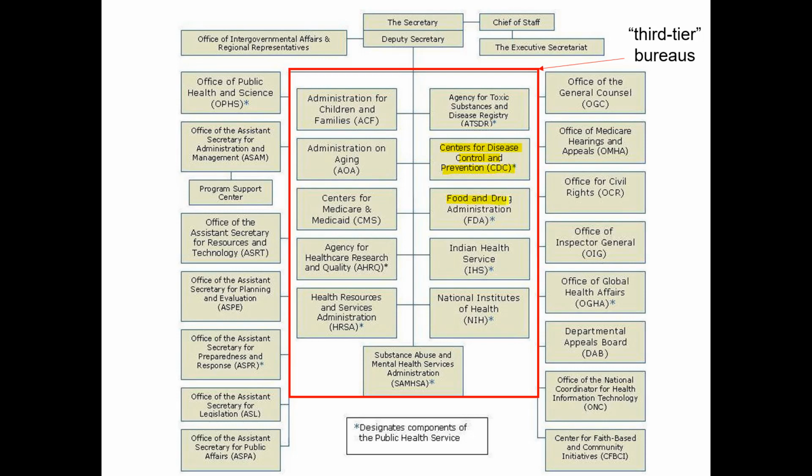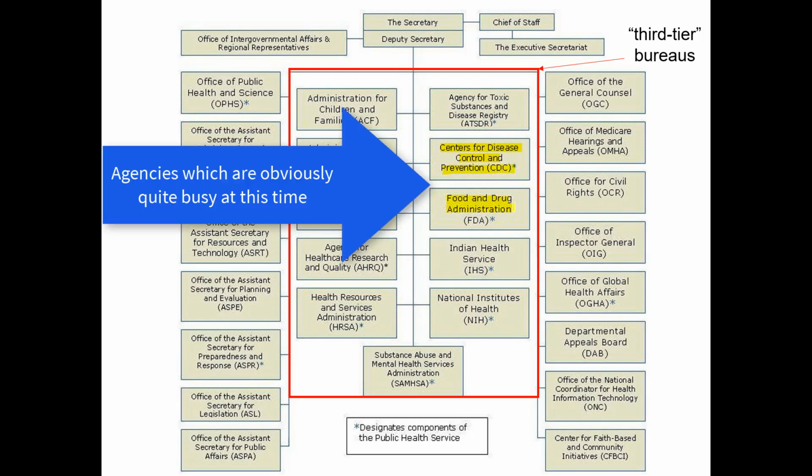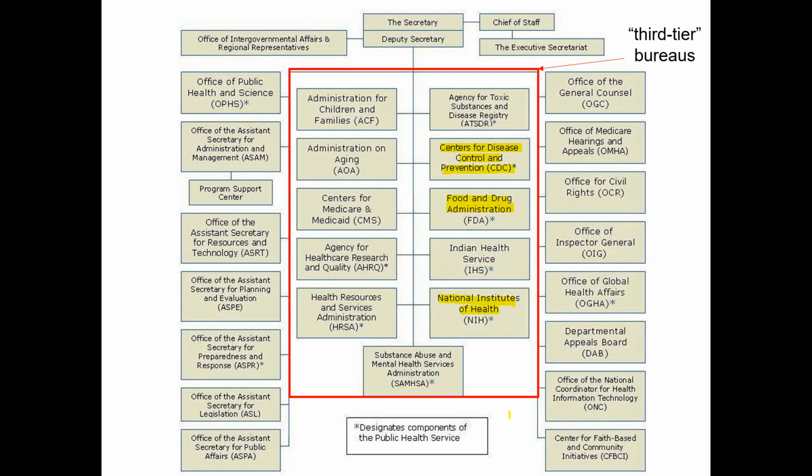The FDA is also in this group right here. The National Institutes of Health does a lot of research on the health of our society. Here's a very busy group right here that administers Medicare and Medicaid, 2 of the biggest programs in all of government. So those are some examples, just a few, of the third tier bureaus in the Department of Health and Human Services.